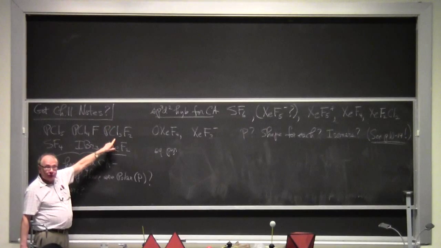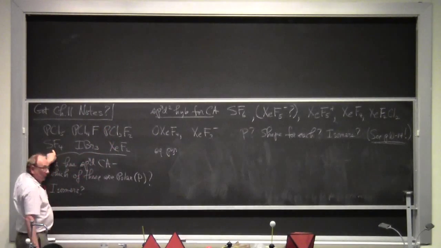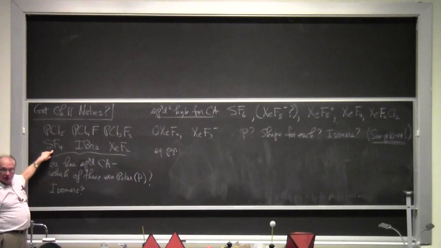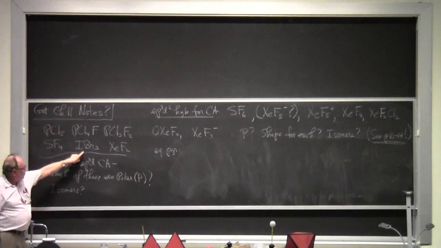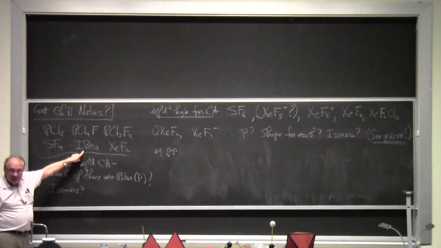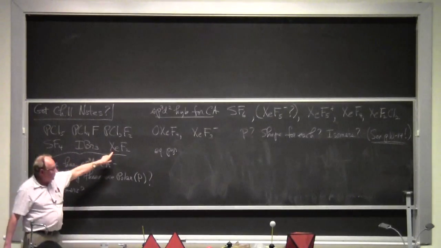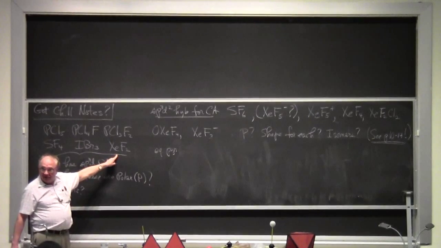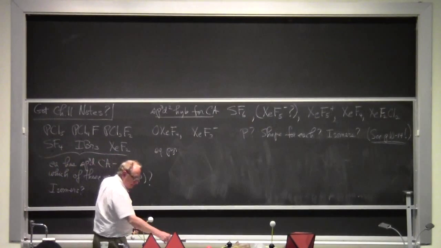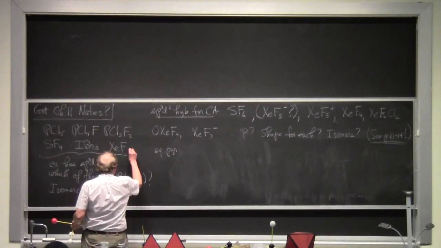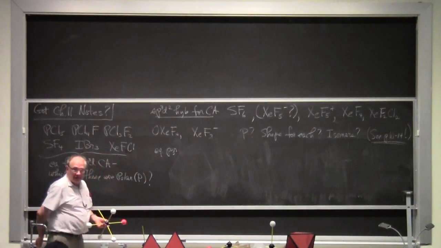If the fluorines are each axial, not polar. Any other orientation of the fluorine atom is polar. Polar? Seesaw shape. Polar? Yeah. Absolutely. Polar? T-shape. Absolutely. Polar? Linear. Polar? Yes.